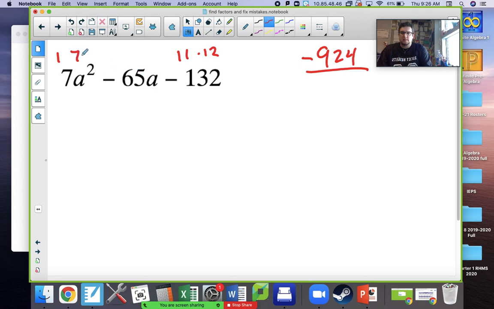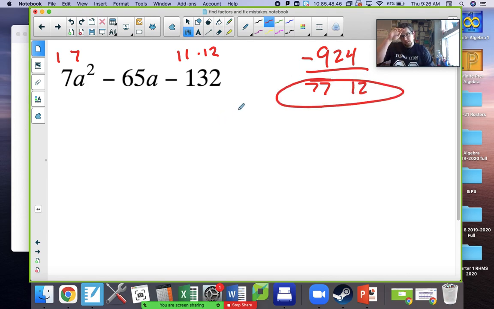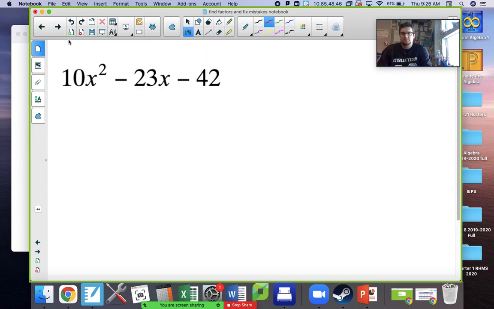And if we take 7 times 11 gives us 77. 1 times 12 gives us 12. And there's our factoring pair. If we did our list, it would have taken us at least 12 tries to find it. But coming over here, at least we find one factor that we know helped us find it faster.